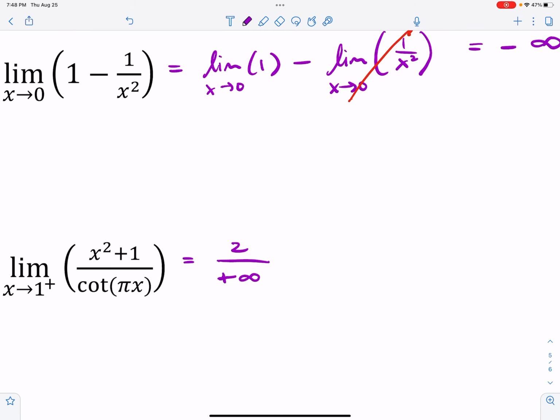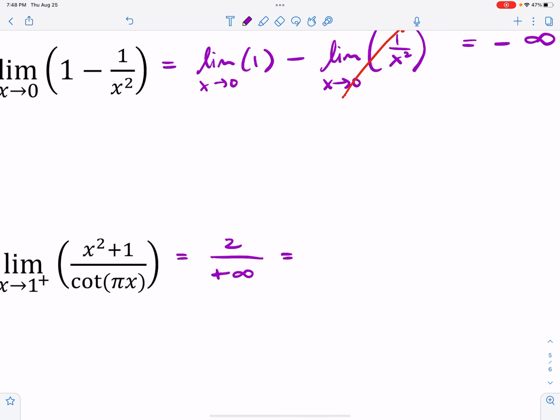Okay, and then 2 over positive infinity, well, that's going to be 0.